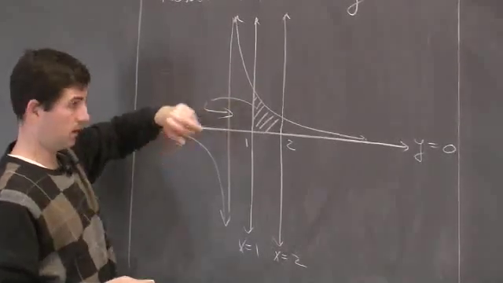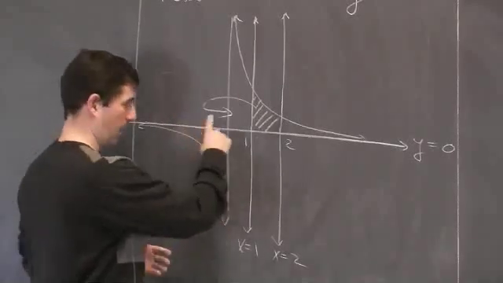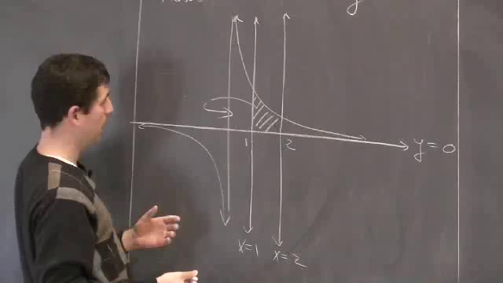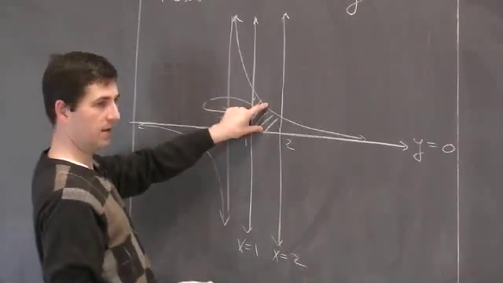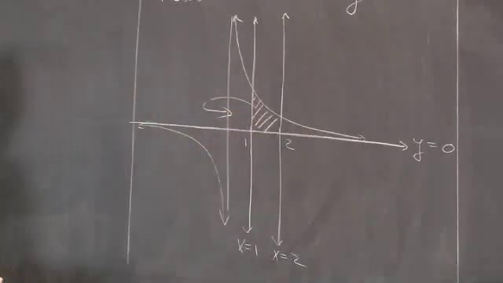So it might be a good idea to look at the shell method. Now, when you have the shell method, you should have a function on top over a function on the bottom. And we seem to have that, right? It's all in the first quadrant. So we can try the shell method.